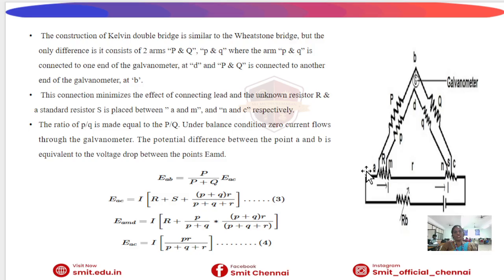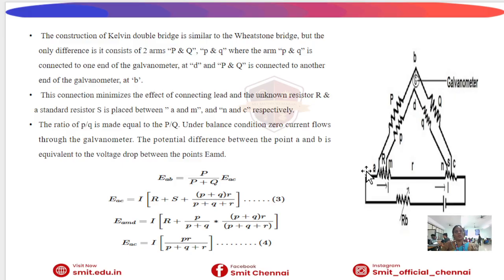For accurate measurement, the ratio of the auxiliary arms is adjusted such that small p by small q is equal to capital P by Q. When this condition is satisfied and the bridge is balanced, no current flows through the galvanometer. The potentials at the galvanometer connection points become equal.